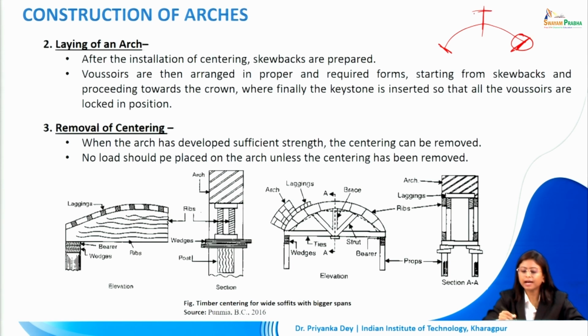The crown is the highest point of the extrados. So we will move in this direction. Finally, we will place the keystone, that is the final key, which is at the center here. This will be inserted and all the voussoirs will be locked in their respective positions.